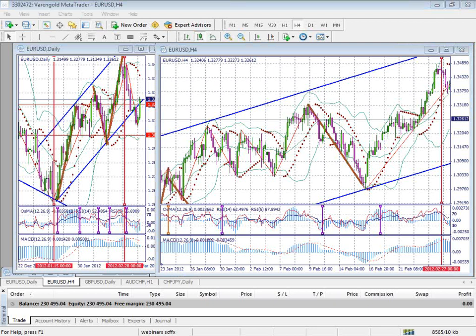Gerhard, yes. Do you need a cross of the RSIs on candle close, or do you enter while the candle is being formed? Actually, I'm entering on the signal of RSI if I also have one confirmation from the moving average oscillator.